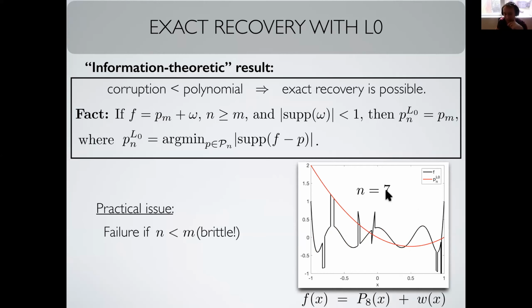Maybe I try n equals 7. In this case, it ends up matching precisely a little bit of corruption here, instead of actually understanding the underlying thing. So this is brittle if the n that I'm using to approximate isn't bigger than or equal to the underlying n. Of course, I don't know n.